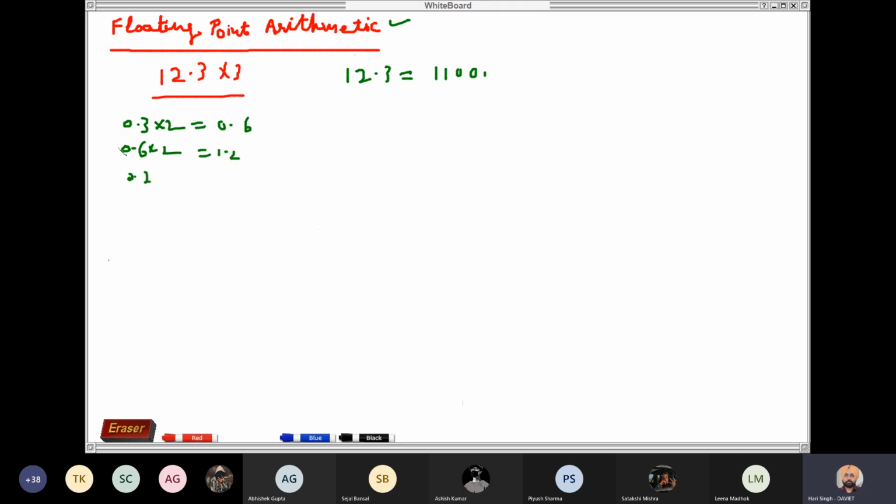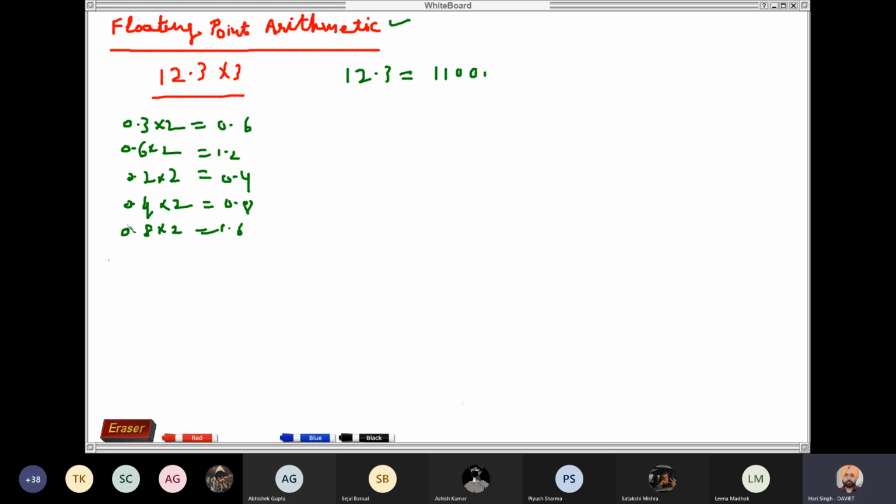then 0.2 into 2, it will be 0.4, then 0.4 into 2, it will be 0.8, then 0.8 into 2, it will be 1.6.